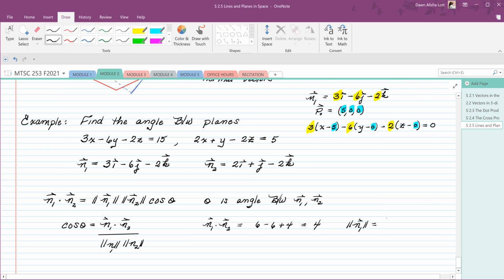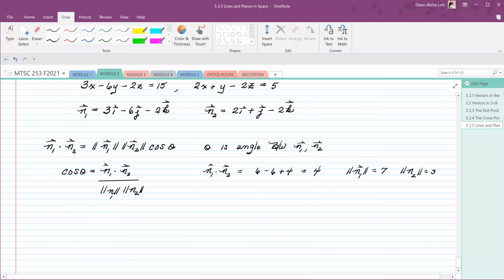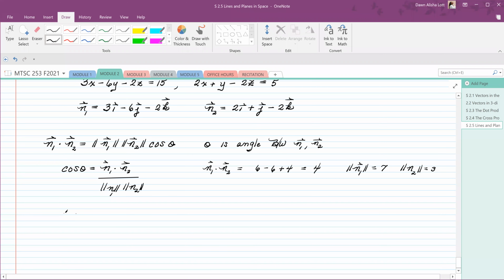Okay, just figure it out. It's 9 plus 36 plus 4, 49. So that was 7. And the length of N2, I believe, was 3. So therefore we get the cosine of theta is 4 over 21. So theta is the cosine inverse of 4 over 21.